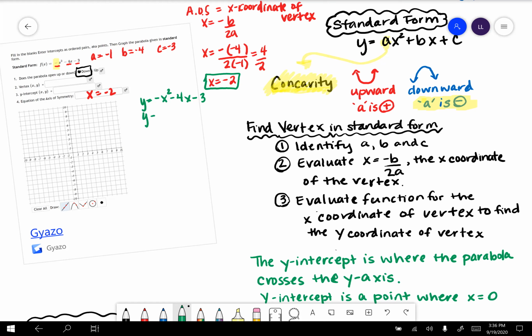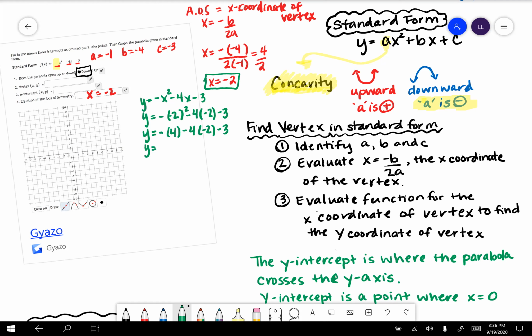So y equals negative (negative 2) squared minus 4 times negative 2 minus 3. Now we're going to follow the order of operations to simplify it. So y is equal to negative (negative 2) squared, which is a positive 4, minus 4 times negative 2 minus 3.